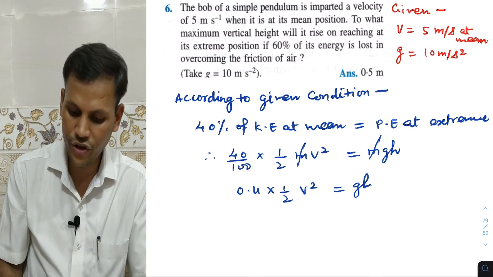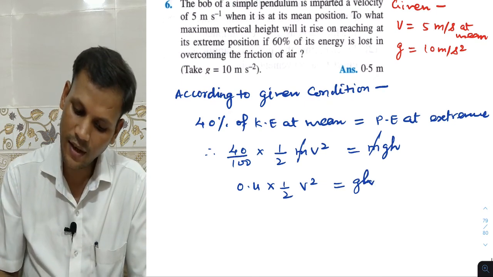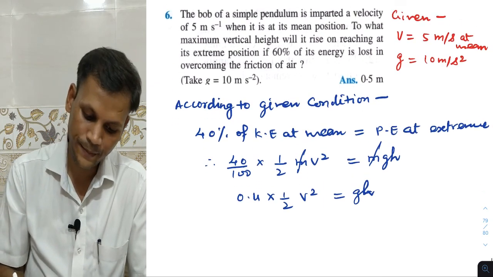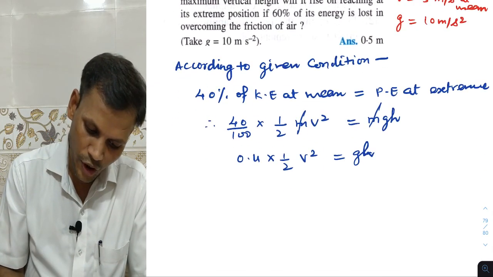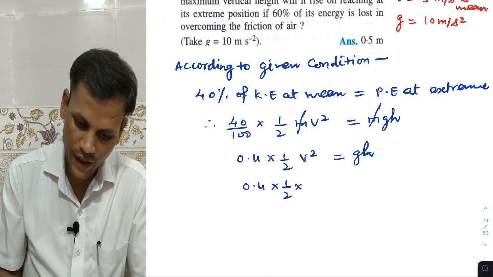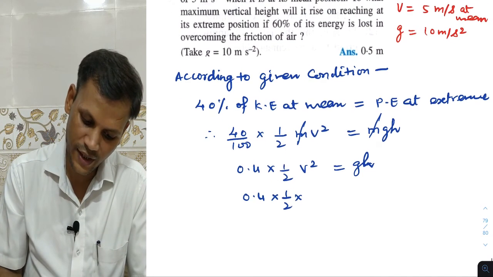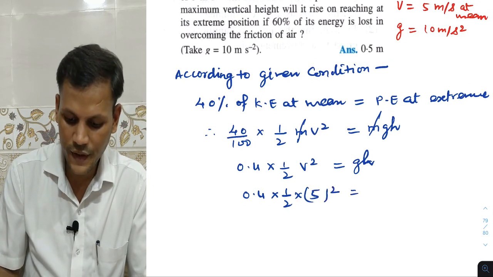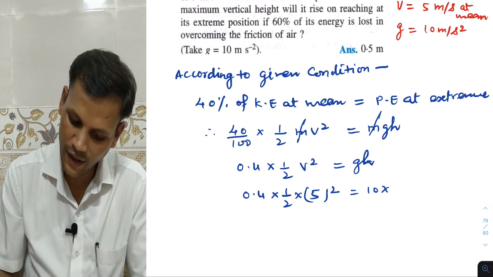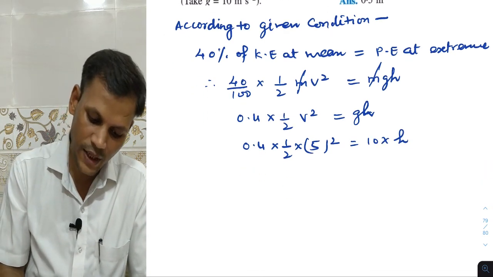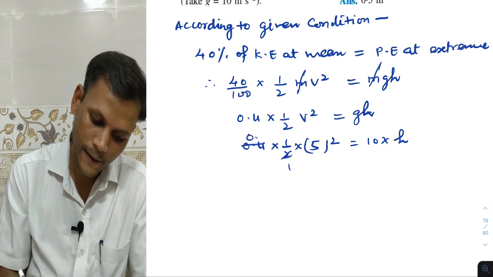What is to be calculated as height? v is given as 5 meter per second. So 0.4 into half into 5 square is equals to g is 10 into height. So this will be 0.2.